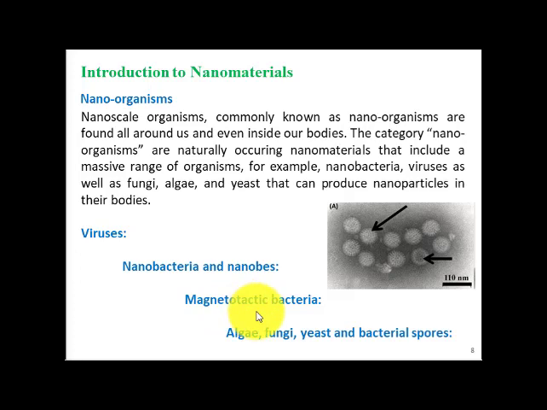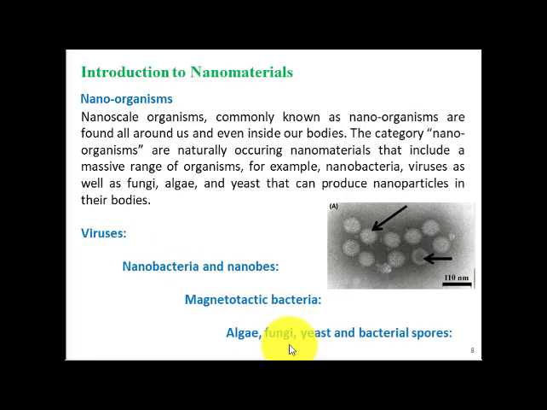Generally, biocompatible magnetites like iron oxide, iron sulfides, and maghemite, synthesized using magnetotactic bacteria, are helpful in targeted cancer treatment via magnetic hyperthermia.